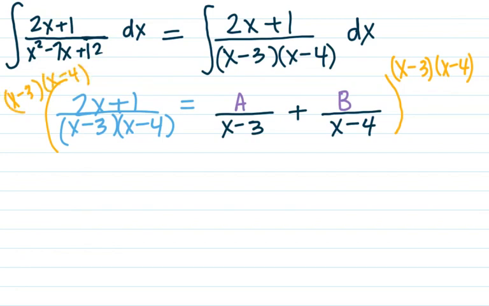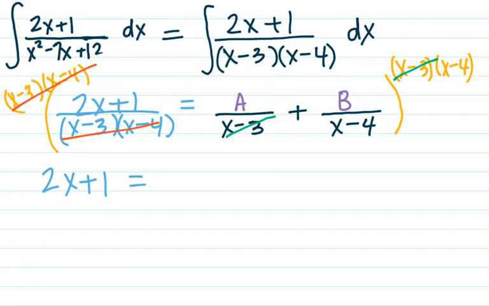Now notice when we multiply the left-hand side, because these factors are in the numerator, these guys cancel out nice and pretty. So on the left-hand side, the only thing we're left with is 2x plus 1. And then on the right-hand side, when we multiply this A over x minus 3 times the x minus 3, x minus 4, well, the only ones that cancel out are the x minus 3's.